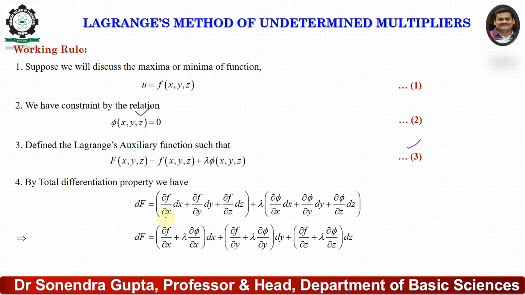Now taking dx common, dy common and dz common, we get del f upon del x plus lambda del phi upon del x and so on. Say this value is Fx, this value is Fy and this value is Fz.